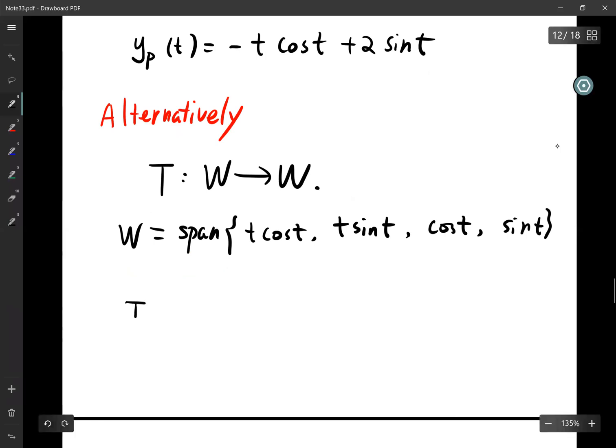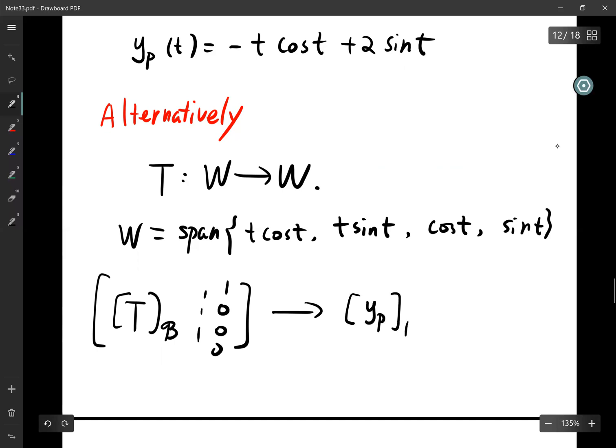And now you just obtain the matrix of T by computing the coordinates of T acting on each of the basis elements, and then solve the equation. The right-hand side is only this, so 1, 0, 0, 0, and then you get the solution by the inverse. And you should get minus 1, 0, 0, 2.